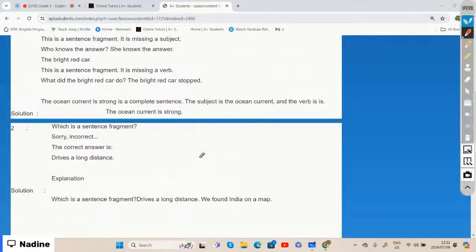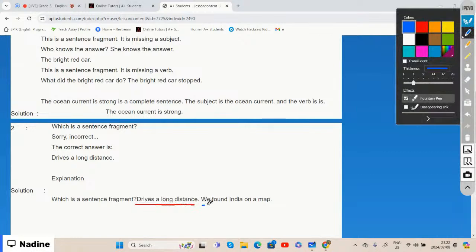I'm going to underline two sentences for you, one in red and one in blue. Then you can tell me which sentence is the correct sentence fragment. Remember, a sentence fragment is either missing a subject or it's missing a verb, right? Which means that there's either only a subject in that sentence with no verb, or there's only a verb in the sentence with no subject.